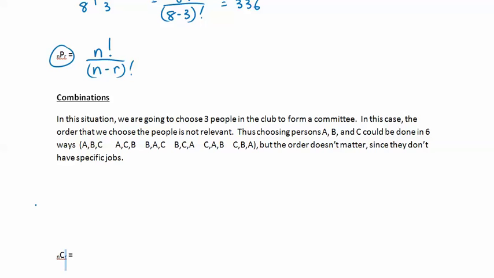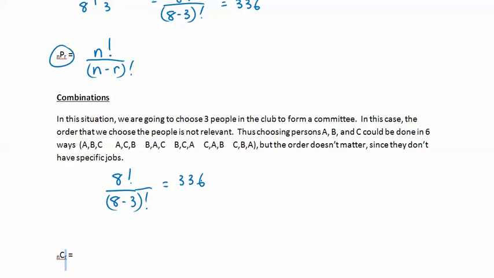So if we continue from above, and we started with the permutations, 8 factorial over 8 minus 3 factorial, we had 336 different ways, different permutations of choosing 3 people out of 8.